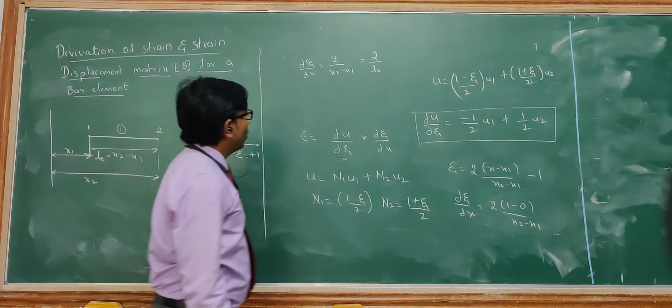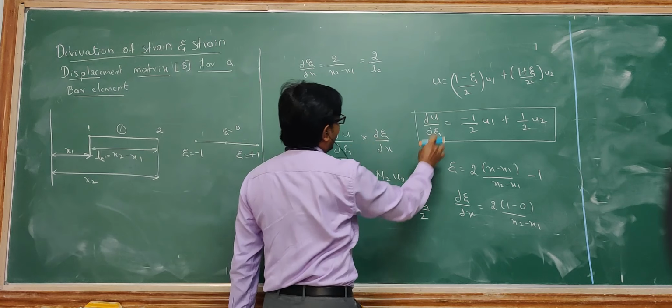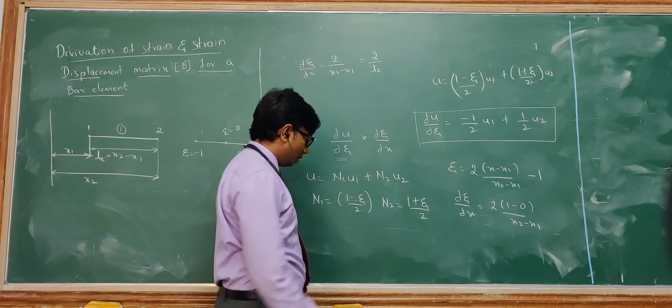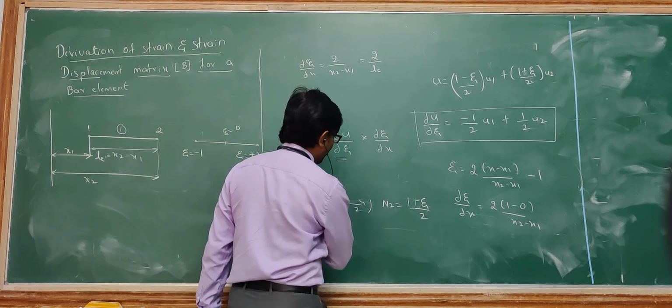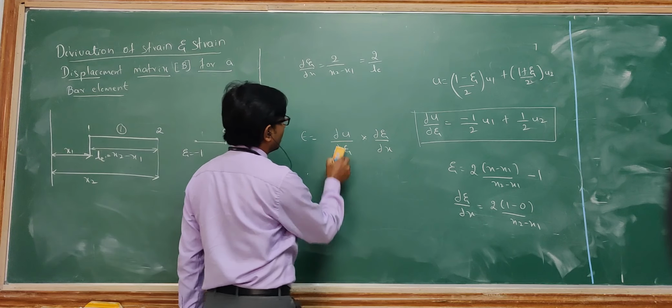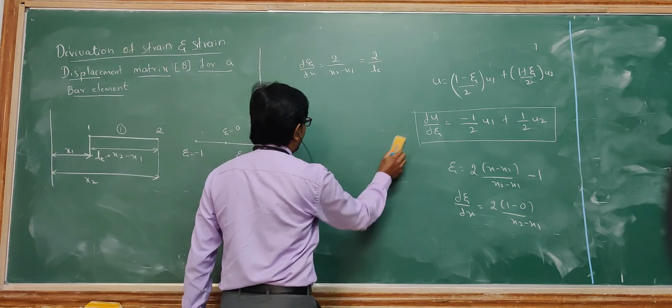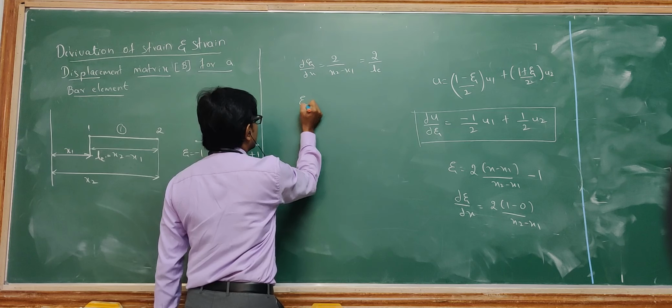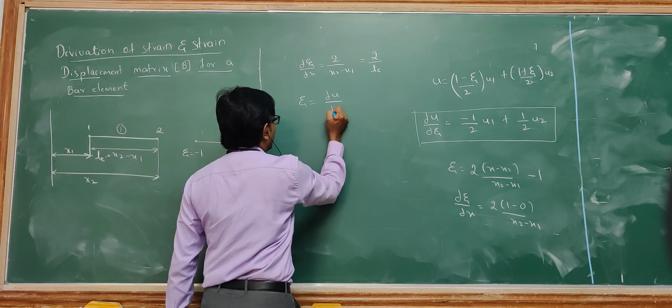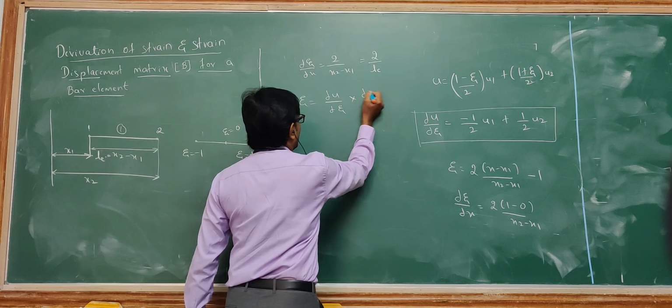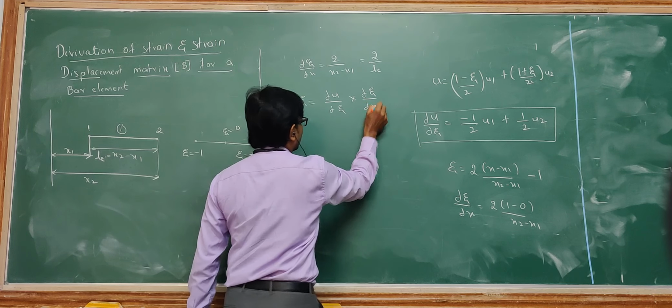So I will write it here as 2 upon le, that is the length of the element. Now I have dou zeta by dou x and dou u by dou zeta, so I will multiply them. I write the equation at the top: dou u by dou x is dou u by dou zeta into dou zeta by dou x.